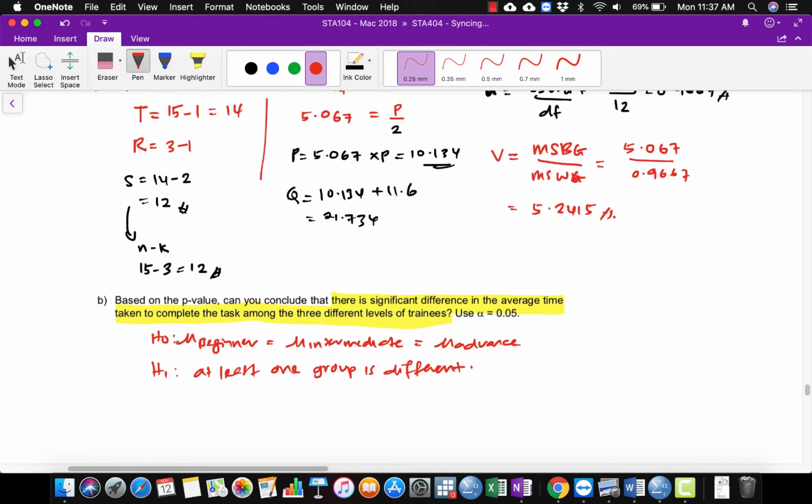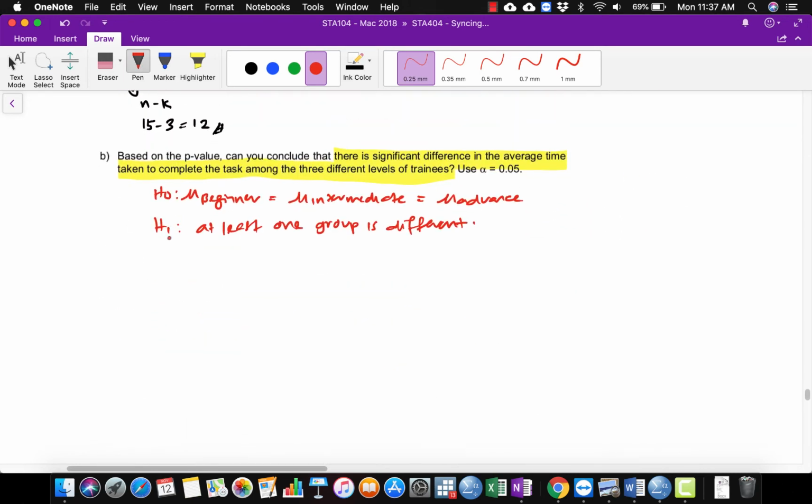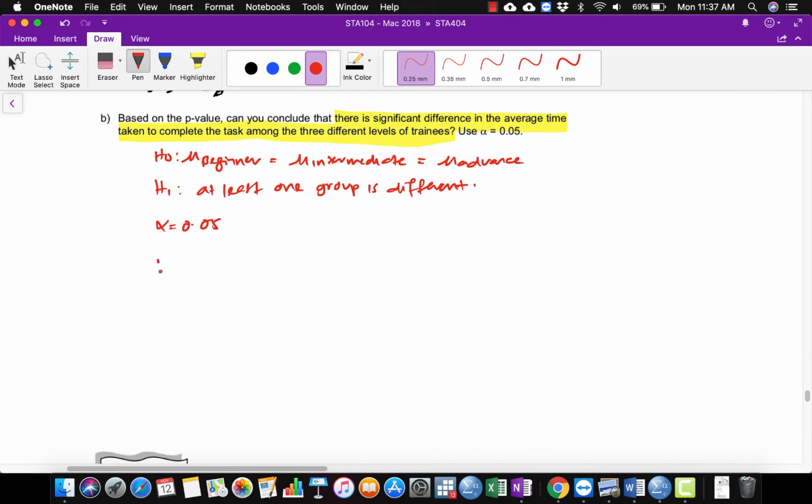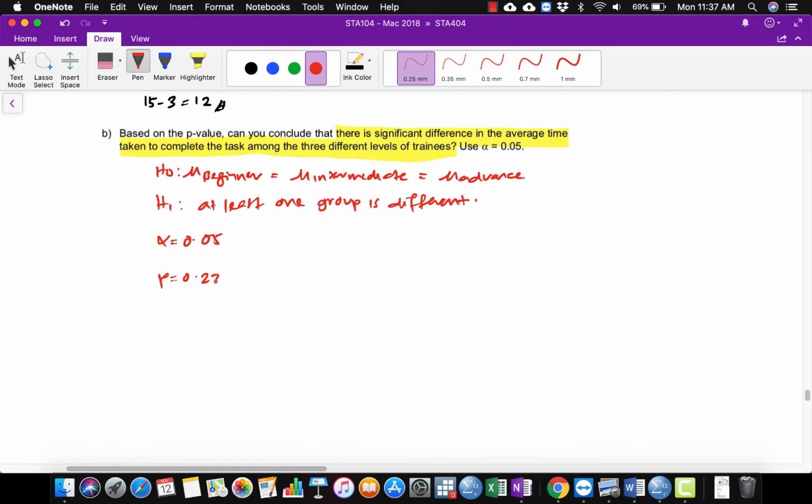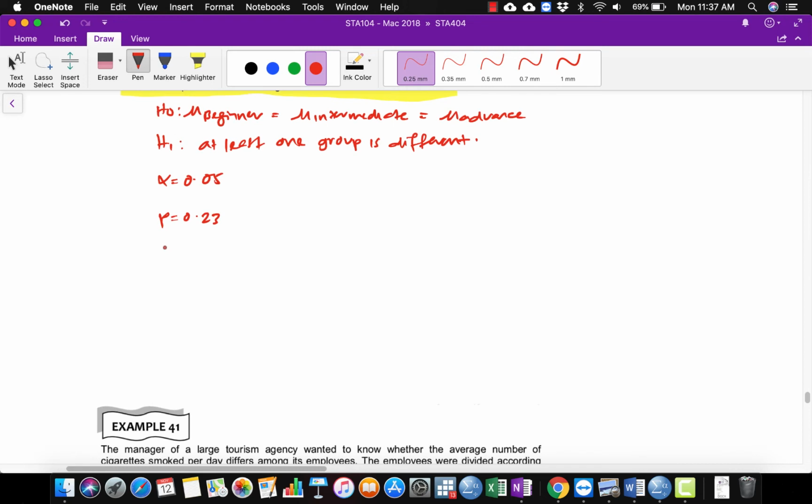So based on the p-value, let's put our alpha equal to 0.05. Our p-value is 0.23, right? So since p-value is more than 0.05, H0 is accepted.